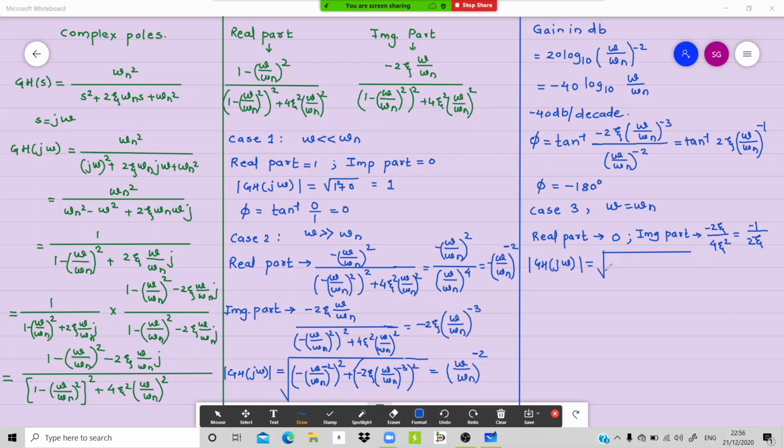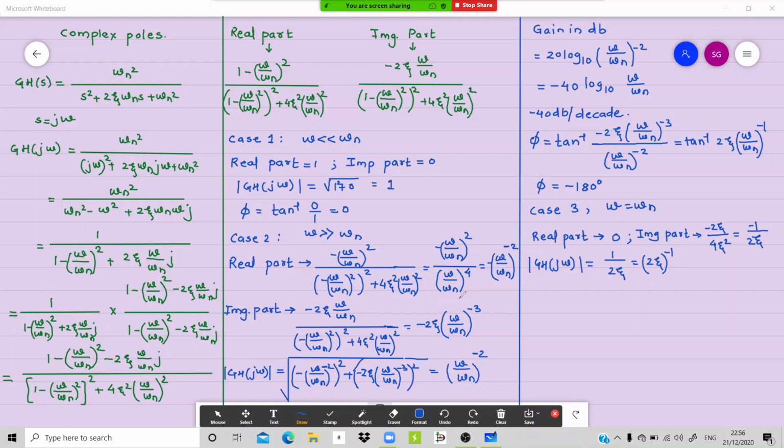The imaginary part, no need to write all these things, right? The real part is 0. So only this thing, and it is going to be 1 upon 2 zeta, or we can write it simply as 2 zeta raised to minus 1. Then that is the magnitude.